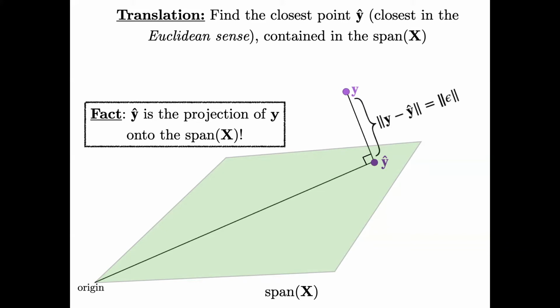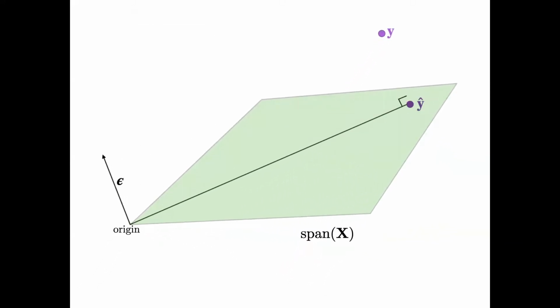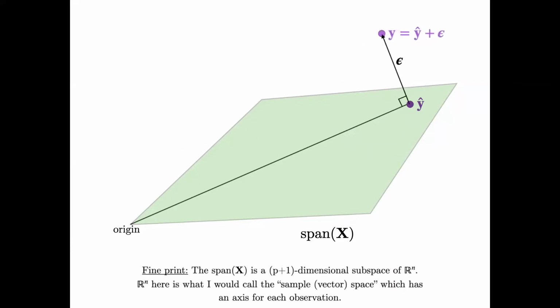And this distance between those points is that square root sum of squared error. It's the distance between y and y hat. So therefore, you can actually think of the vector epsilon, that vector of residuals, as its own vector in this space. And y is equal to y hat plus epsilon. Again, when we add vectors, we add them tail to head.